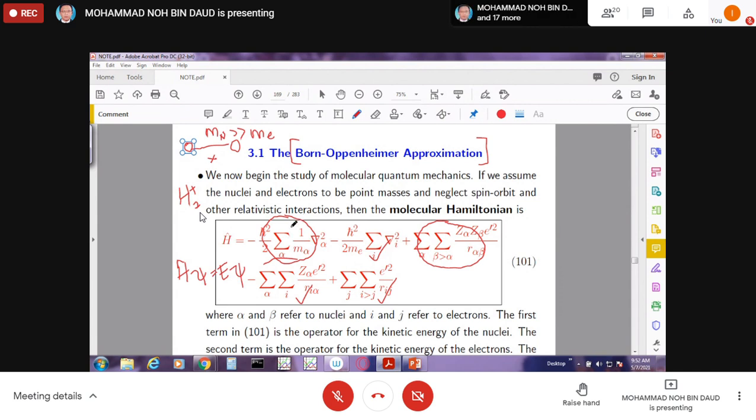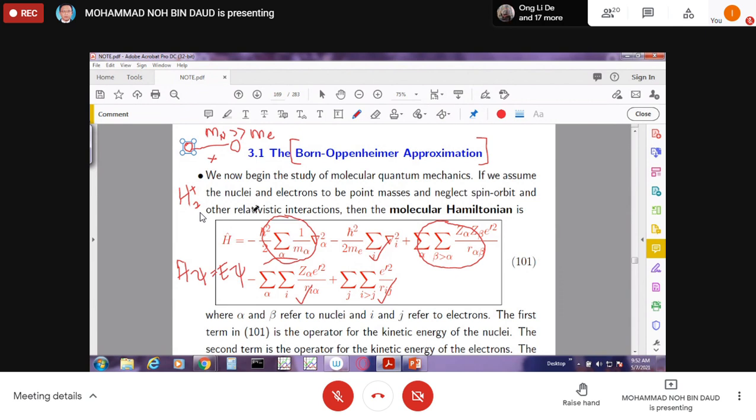We consider the nuclei in a stationary state, considering only the motion of the electrons around the two nuclei.